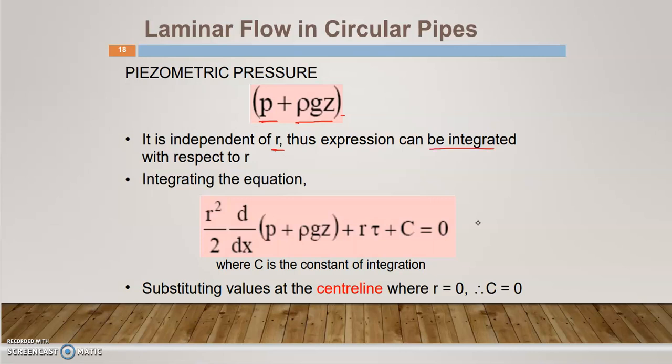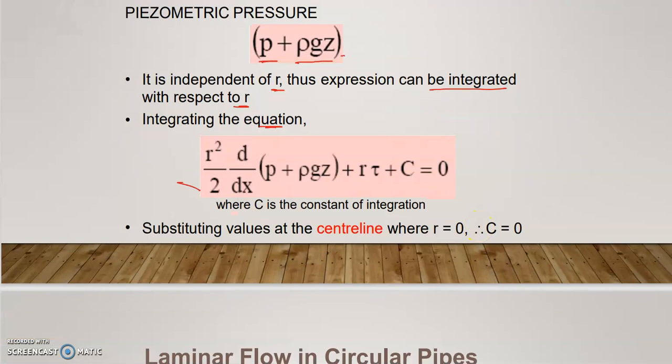Thus, the expression can be integrated with respect to r. By integrating the equation, we get an expression equal to 0, and by substituting the values at the center line, where the radius r is 0, therefore the constant C is 0.